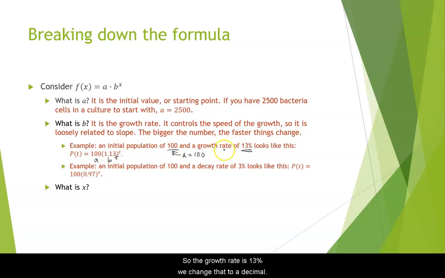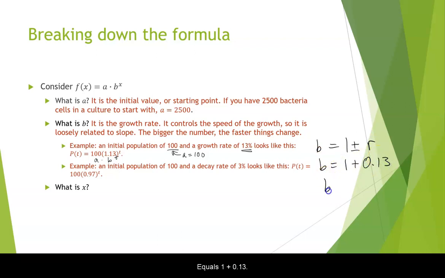So the growth rate is 13%, we change that to a decimal, and if we think about b as 1 plus or minus the growth rate, b equals 1 plus 0.13, or b equals 1.13.